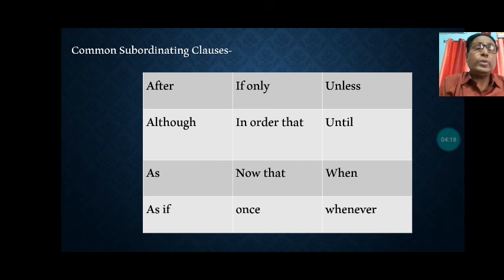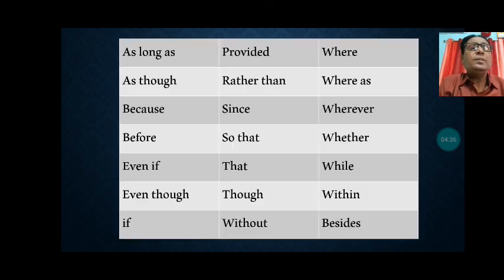You are supposed to write and learn them: after, if only, unless, although, in order that, until, as, now that, when, as if, once, whenever, and there are more that you can see in this table.